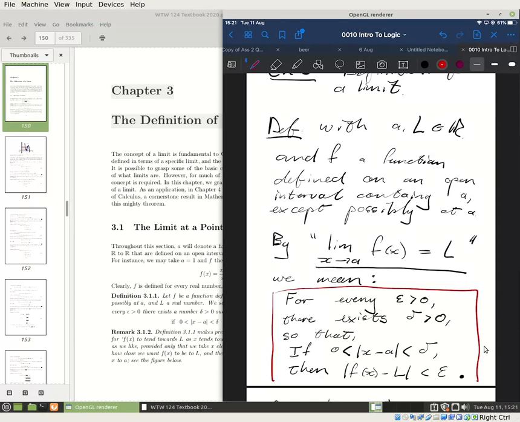And then secondly, the intuitive meaning of this statement. So why is it phrased in the way that it is? That is what we will do in the next couple of videos.